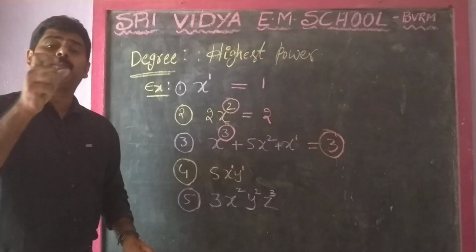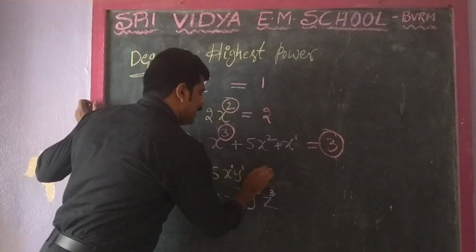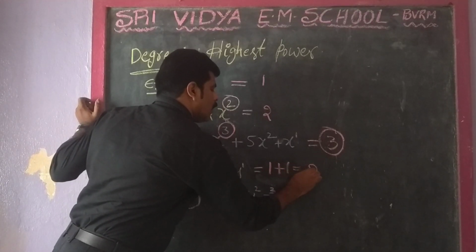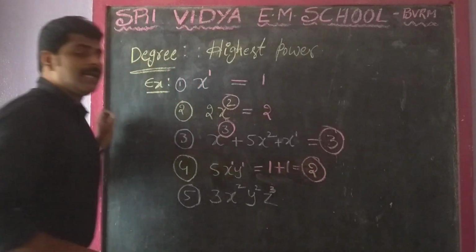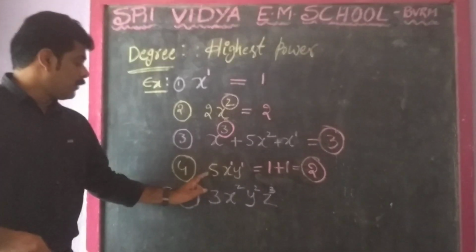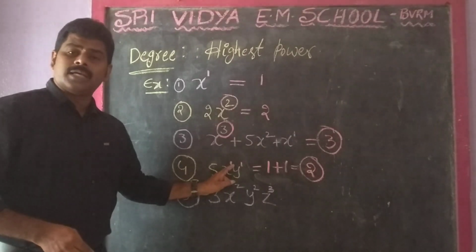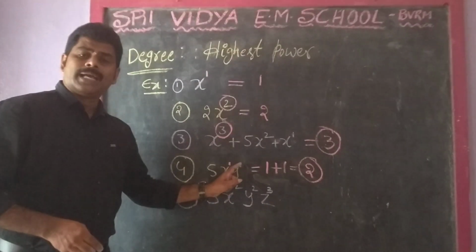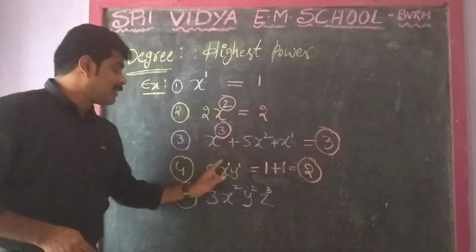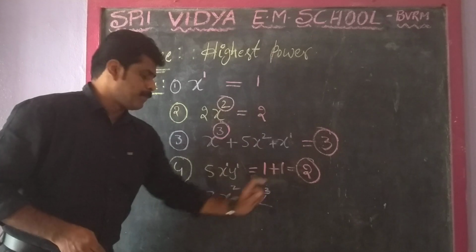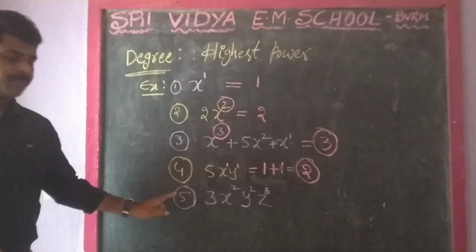Then add both powers, so the degree is 1 plus 1, which is 2. Its degree is 2. Okay, observe carefully. In 5xy, x has index 1 and y has index 1. Then add the powers, 1 plus 1, so the degree is 2. Look at another example.